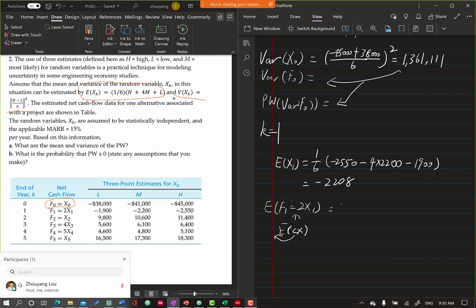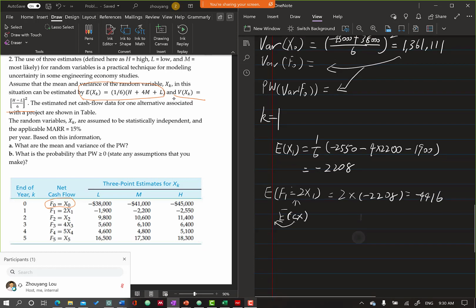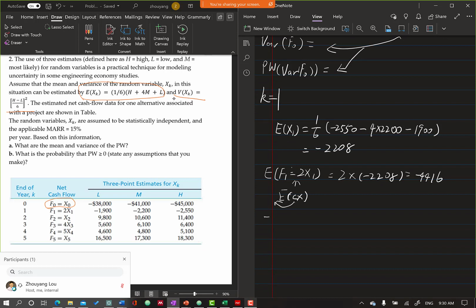So we just use 2 times minus 2208, and we'll get minus 4416. And then we can further take the present worth of this. Since it's year 1, we just apply the p given f factor, hurdle rate 15% and 1 year, and we will have minus 3840.